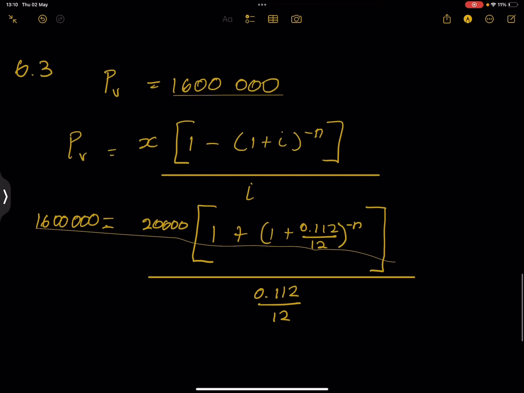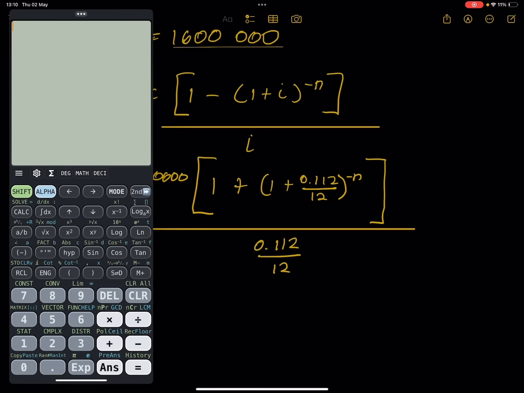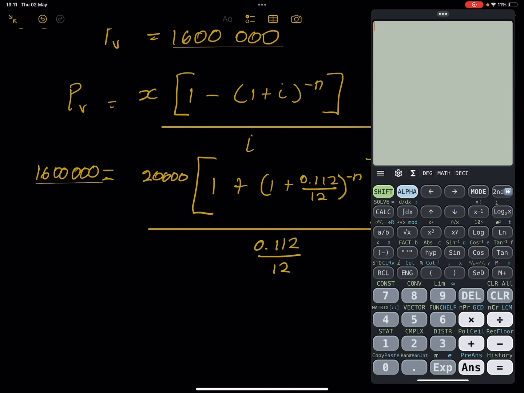Now ladies and gents, we just need to make sure that we get this correctly. So first of all, I'm going to take my 1.6 million. Now that's 16 million, so let's delete the 10. I'm going to multiply it by that fraction, 0.112 over 12.